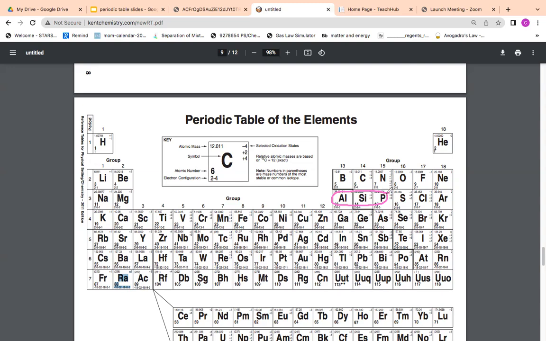As you go this way, aluminum is the biggest here. Because there's more protons, there's more nuclear pull, pulling those electrons in silicon and phosphorus closer to the nucleus. So we're getting smaller as we go from left to right, from aluminum to silicon to phosphorus.